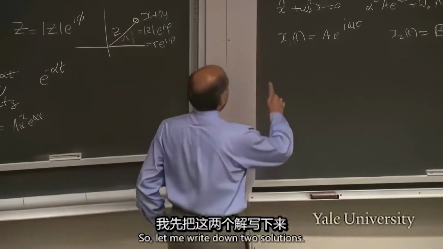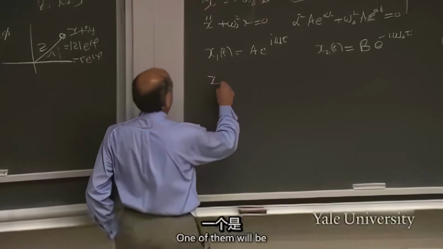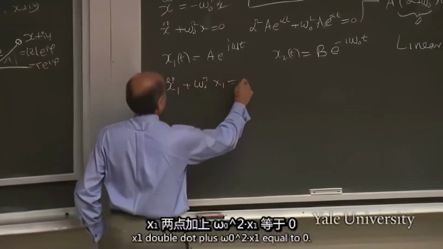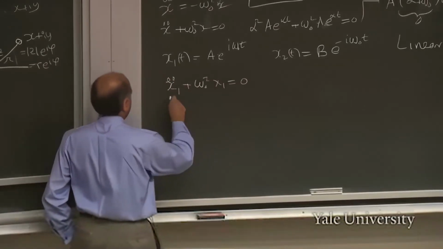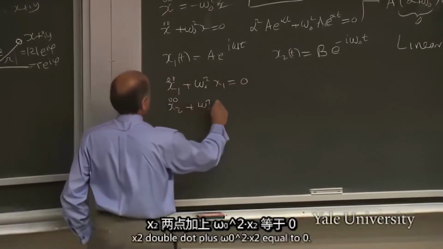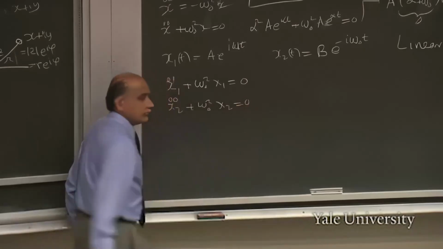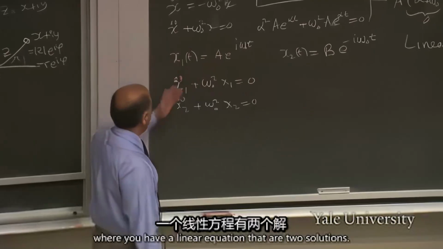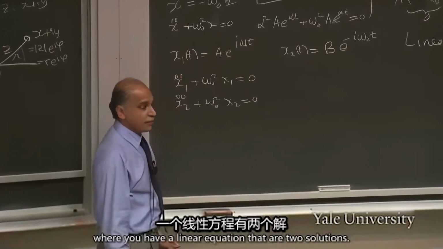So let me write down two solutions. One of them obeys x1 double dot plus omega 0 squared x1 equals 0. Second one obeys x2 double dot plus omega 0 squared x2 equals 0. Don't even have to look at these two solutions. Take a general problem where you have a linear equation, there are two solutions.